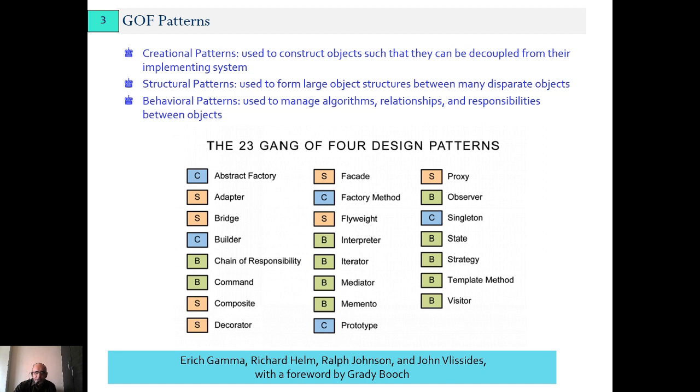Structural, as you all know, has to do with certain arrangement, that is the object structures between many disparate objects, and behavioral is to manage the algorithms' relationships and responsibilities between the objects. So the 23 Gang of Four patterns are being colored in different ways. C stands for creational, S stands for structural, and B stands for behavioral.